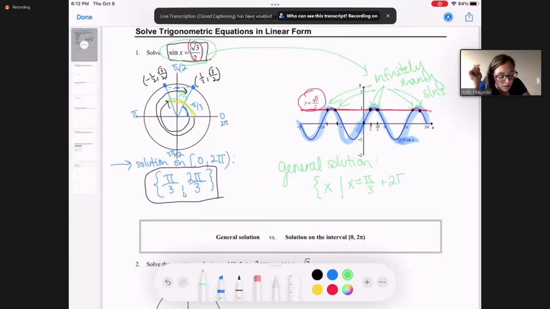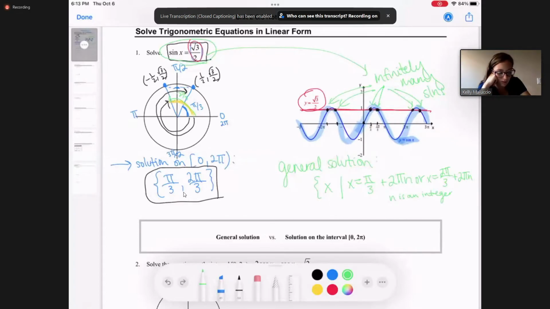So I'll say plus 2 pi n, or x equals 2 pi/3 plus 2 pi n, and n is an integer.